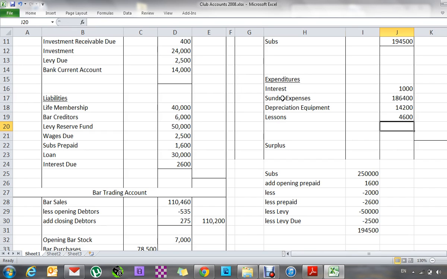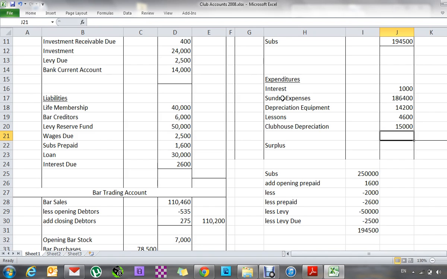Clubhouse will be depreciated by 2%. So Clubhouse is worth 750. So that's going to be 750 multiplied by 0.02, which is 2%.